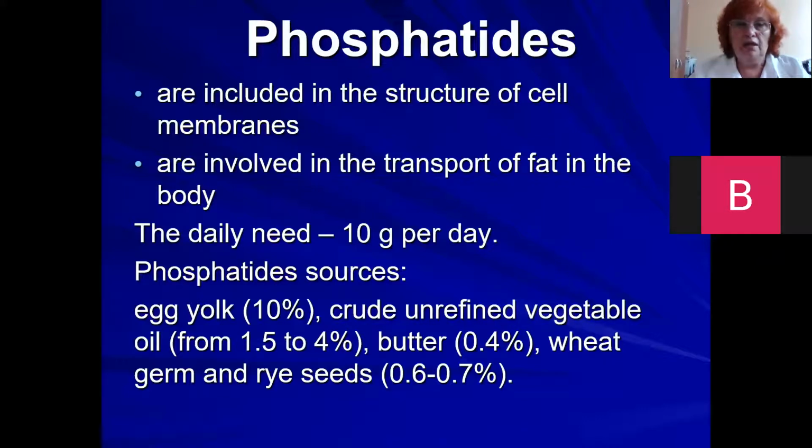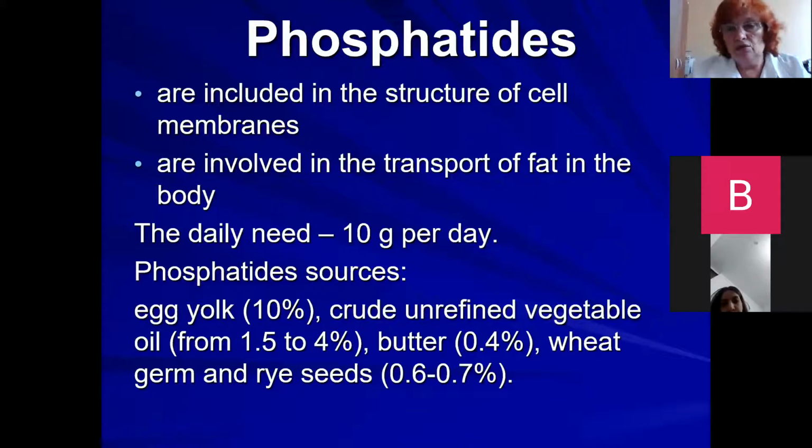Phosphatide sources are egg yolk, 10%, crude unrefined vegetable oil from 1.5 to 4%, butter, 0.4%, wheat germ and rye seeds, 0.6 to 0.7%.